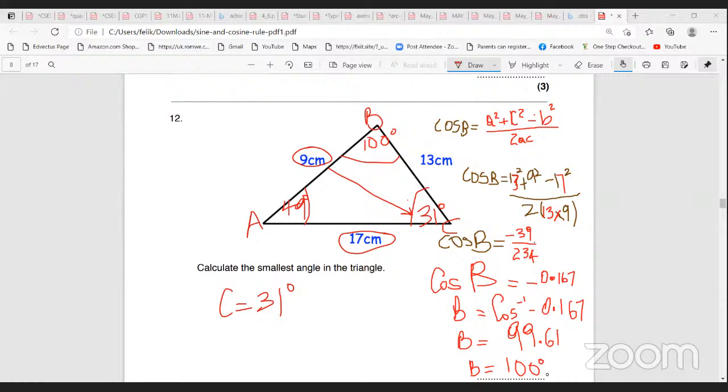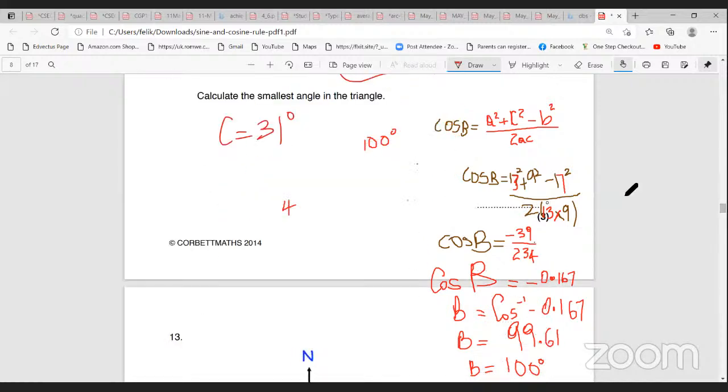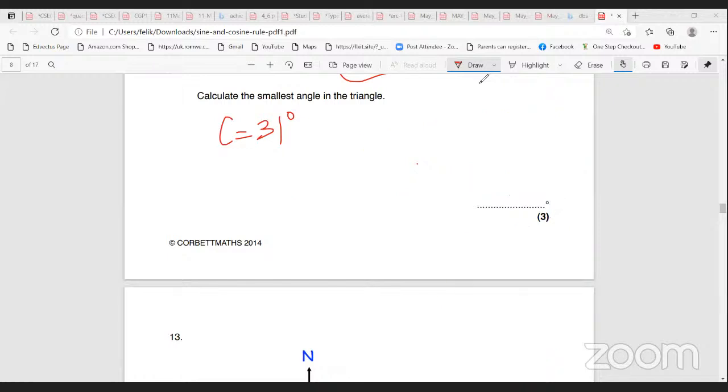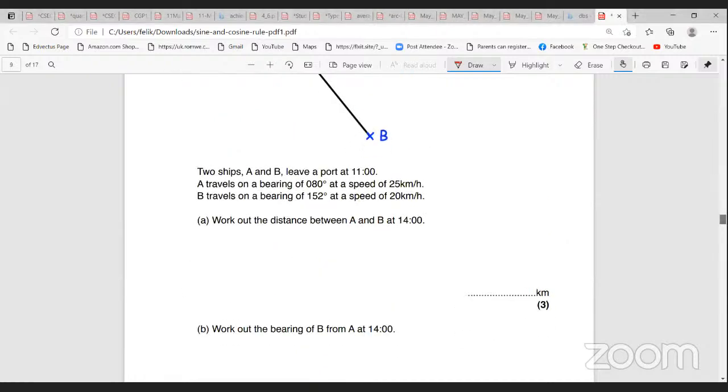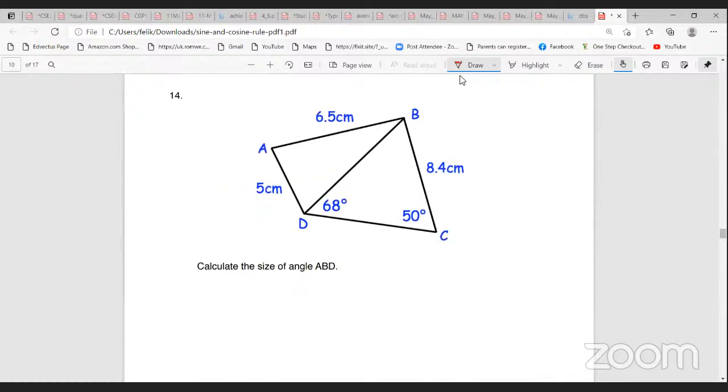All right, I'm going to give you one question to do for homework. Let's see if I can clear here. Hold on. All right, take a screenshot of this question for homework.